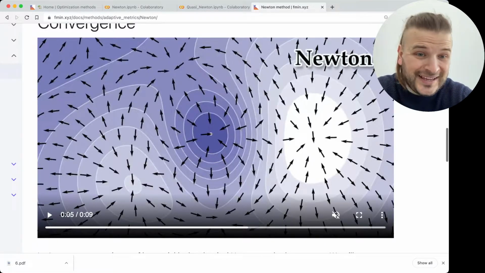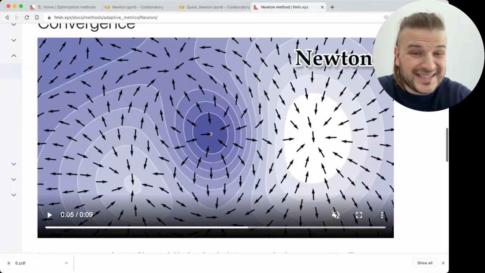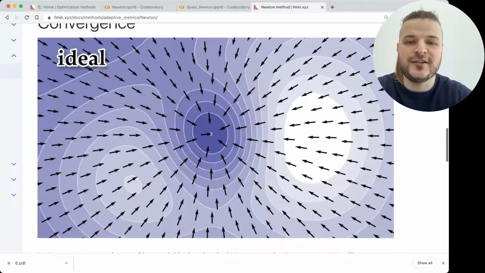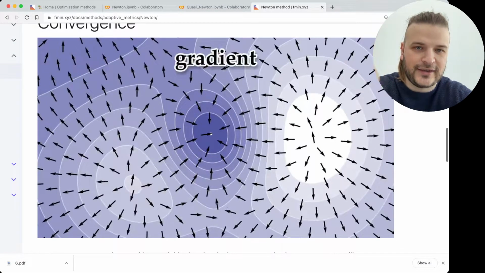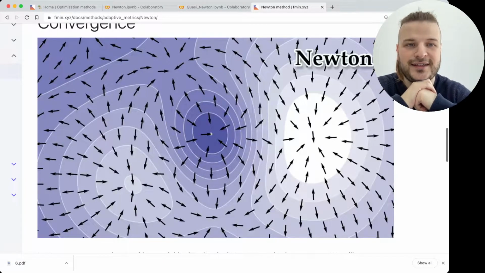Here we can see that around local maxima we are going to them, not to the local minima, right? Again, let's take a look at the animation. That's the ideal field, that's the gradient field, and that is the Newton field.